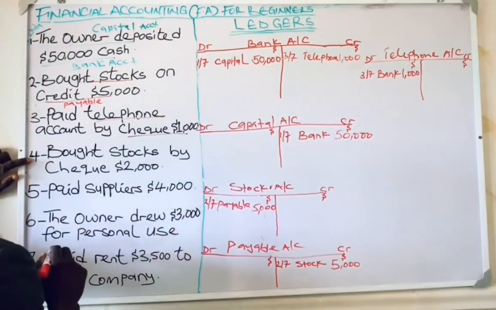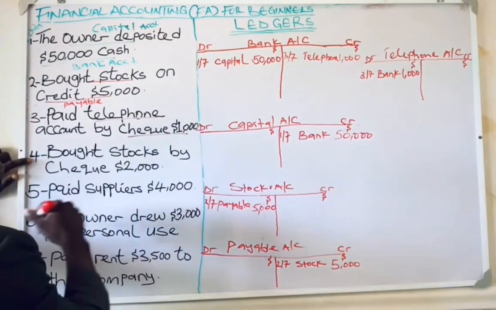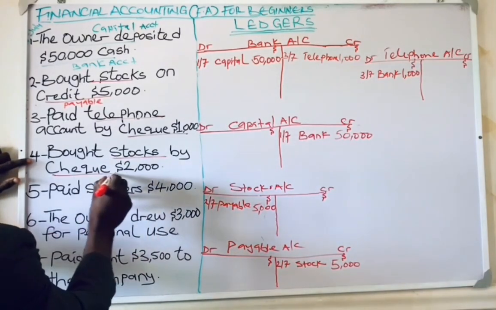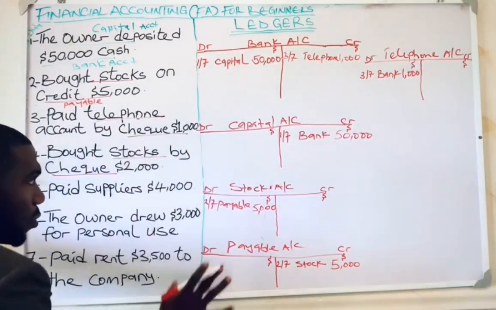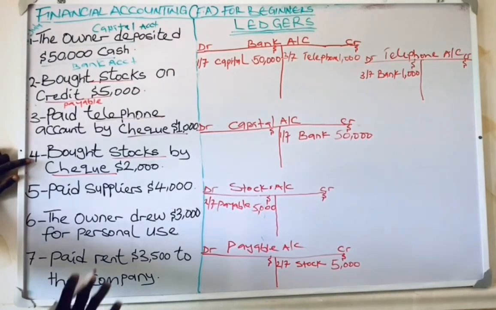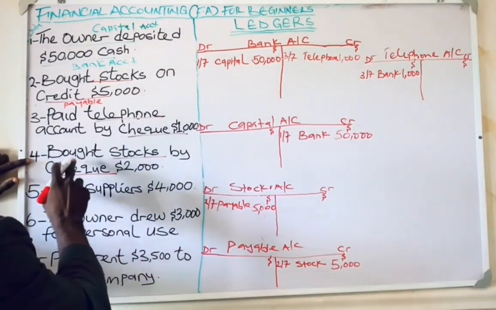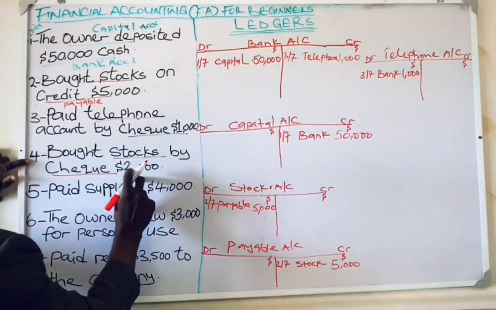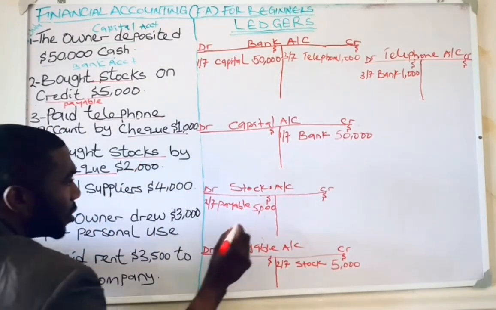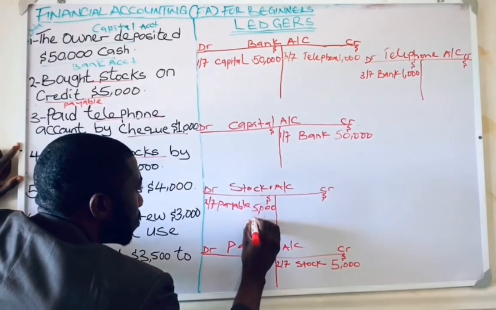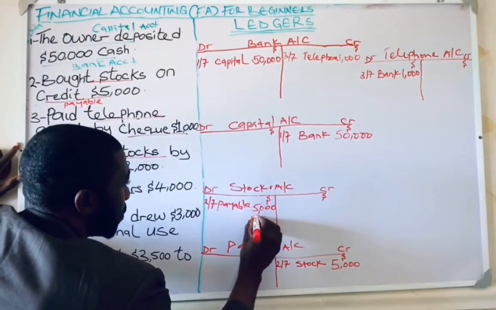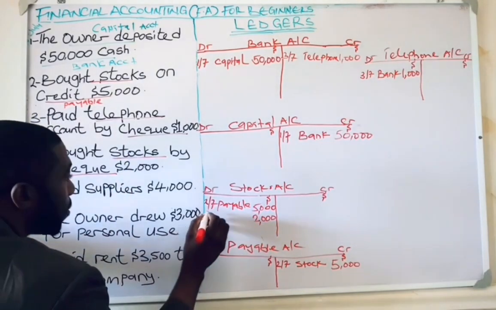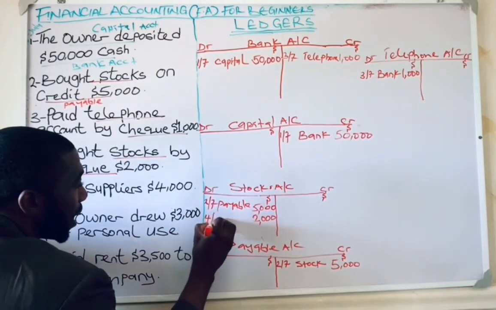Let's proceed to the 4th transaction. That is 4th July, bought stock by check. We have the stock account and the bank account. These accounts have already been opened, so it's just for you to put the figures. Bought stock. We are receiving stock of 2,000 dollars through bank, on the 4th of July.